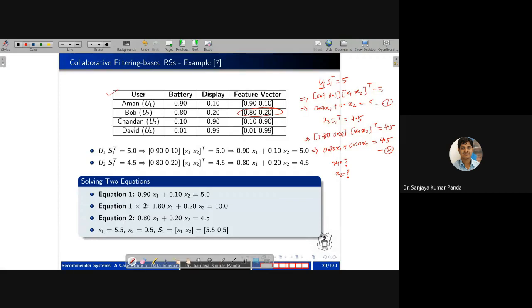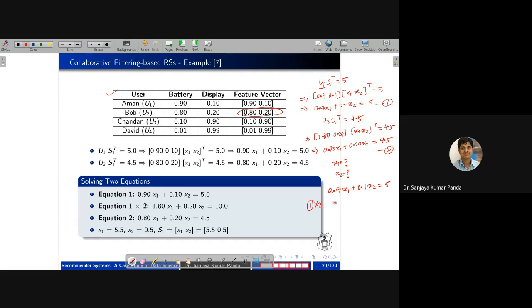For example, I'll take equation 1 as it is: 0.9 x1 plus 0.1 x2 is equal to 5. But I'll multiply the first equation by 2.